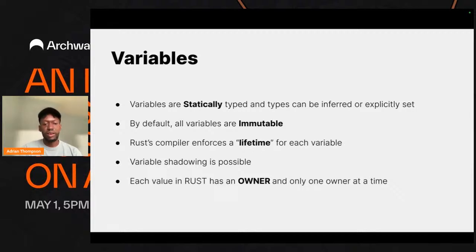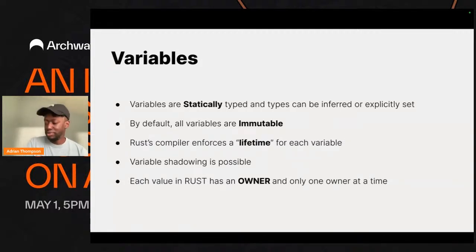Another important thing is that Rust enforces a lifetime for each variable, and we'll go through some examples of this. This is similar to scoping within other programming languages, but I think Rust carries it to a deeper level. Once you understand when a variable dies based on scoping, it will prevent you from writing bad code. So that's something you definitely need to understand.